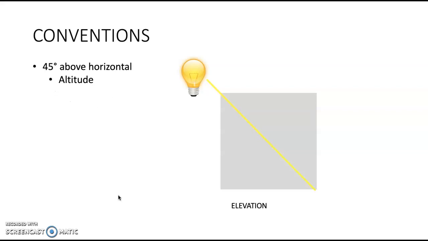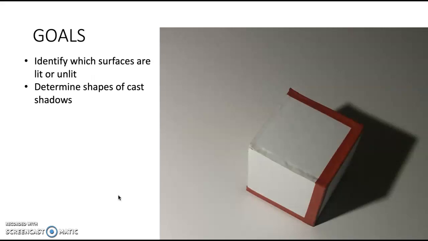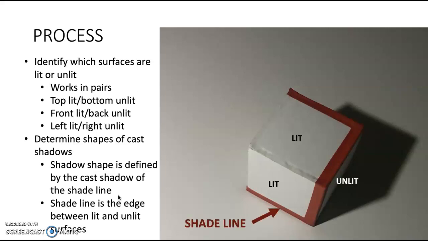No surface is partially lit or partially unlit. Here we can see the consequence of our conventions when we look at it in elevation with our 45-degree altitude, and in plan 45 degrees from parallel. Our goal in working with shadows is to determine which surfaces are lit or unlit and to determine the shape of the cast shadows.